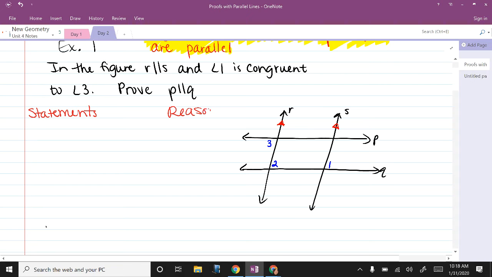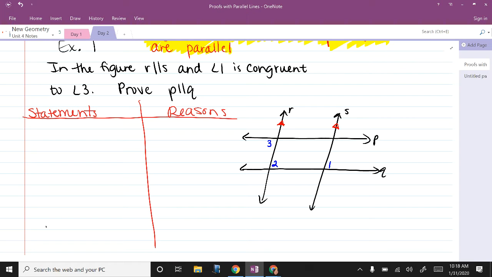So make yourself a T-chart for statements and reasons. Mine's a little crooked. That's a little better.